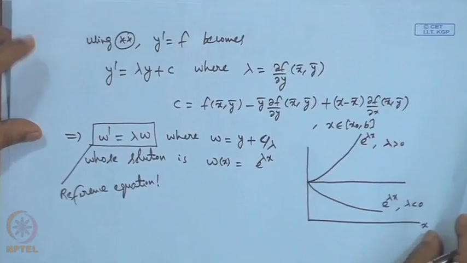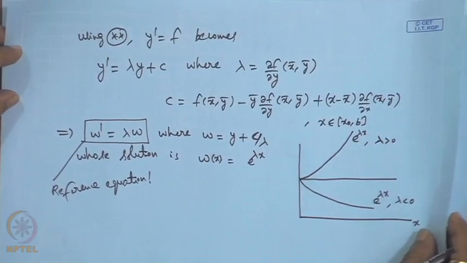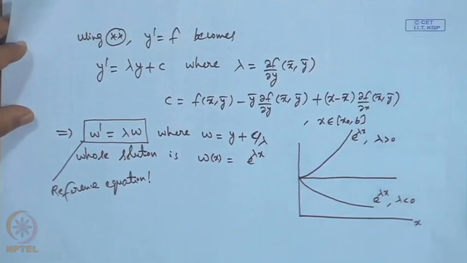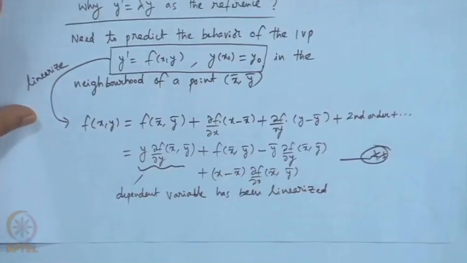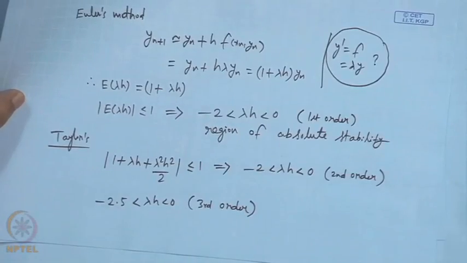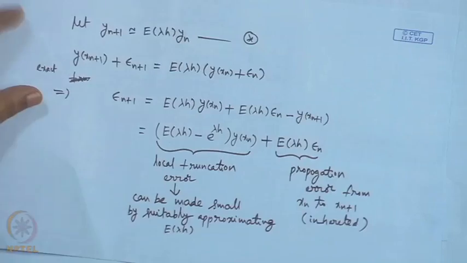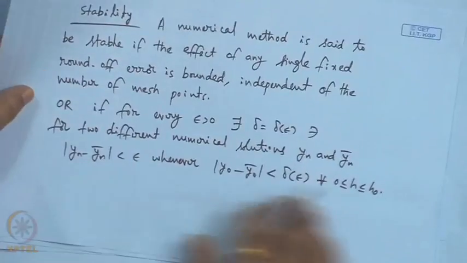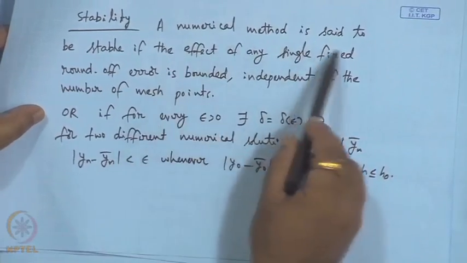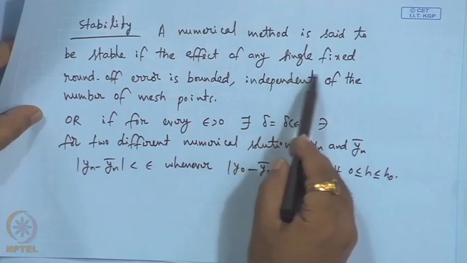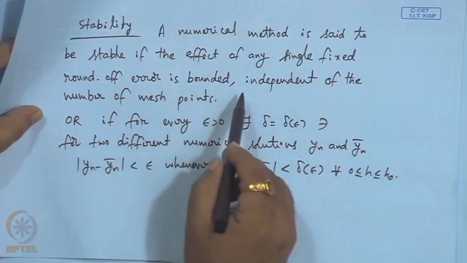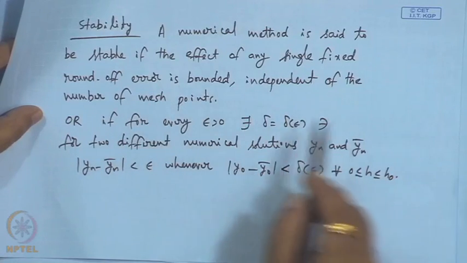This is our reference equation. Okay. So, we started with stability. A numerical method is said to be stable if the effect of any single fixed round-off error is bounded independent of the number of mesh points.